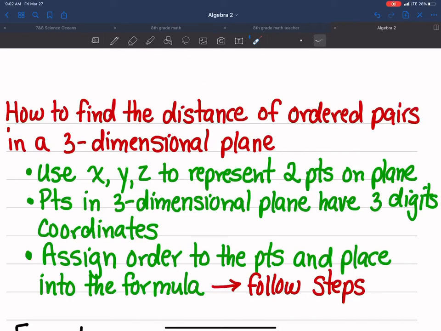So no fretting there. Then we're going to place these numbers into the formula, and follow the steps that we followed for the two-dimensional figure. Now let's look at the formula.